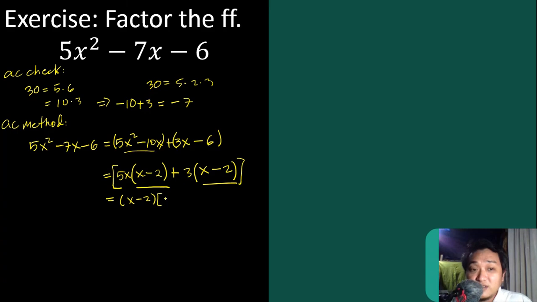That will be 5x plus, okay, so factor out the quantity x minus 2 in the second term. What is left is 3. And then rewrite x minus 2 times, using parentheses, 5x plus 3.